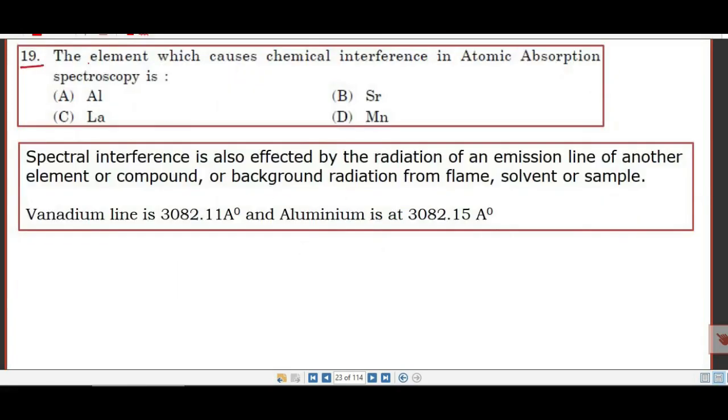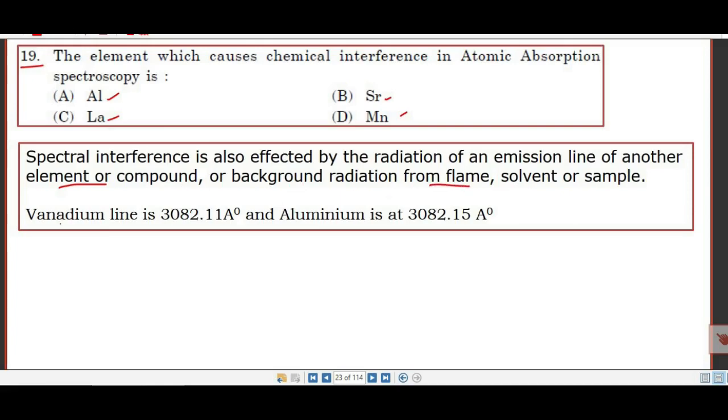Question number 19. The element which causes chemical interference in atomic absorption spectroscopy is aluminium, strontium, manganese, or lanthanum. Spectral interference is also affected by the radiation of emission line of another element or a compound, giving a radiation from the flame, solvent or sample.